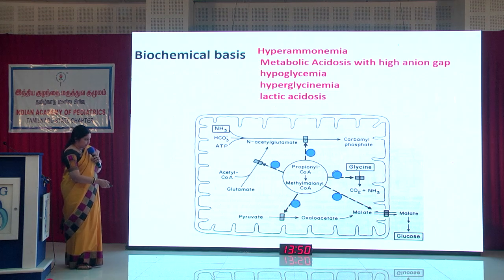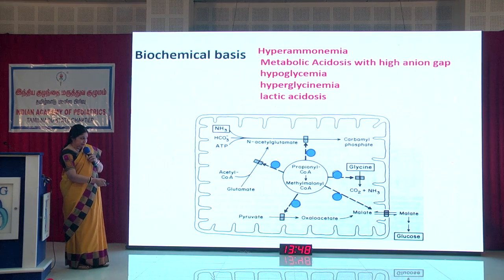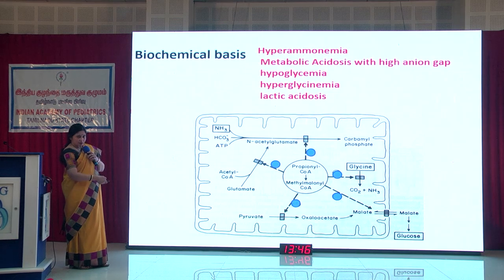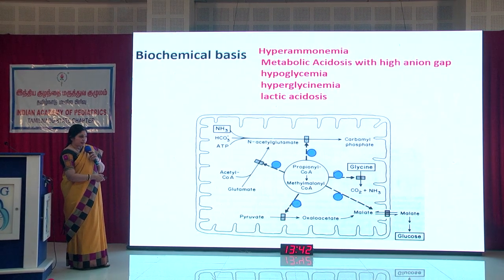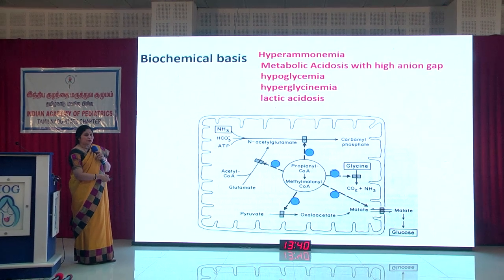Why is there hypoglycemia? Glucose levels are low. You can see at the extreme corner. Because these organic acids inhibit the gluconeogenic pathway. It inhibits the pathway at two stages. One is conversion of pyruvate to oxaloacetate, the other one is the malate shuttle. Because of this inhibition, there is hypoglycemia.